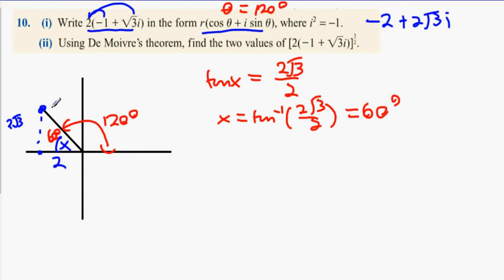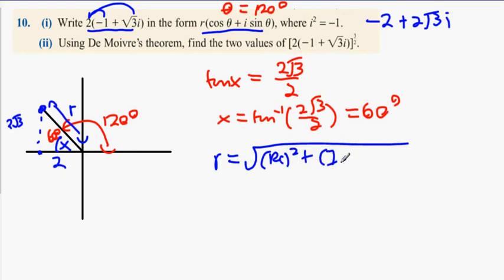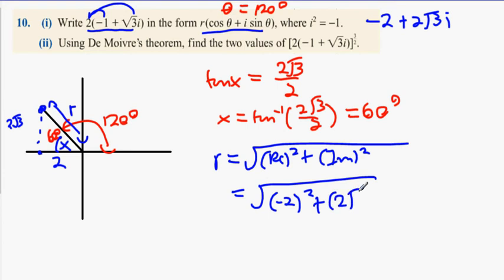Now we need to figure out the length, or the modulus value. So remember, r equals the square root of real squared plus imaginary squared, which is going to be minus 2 squared plus 2 root 3 squared.